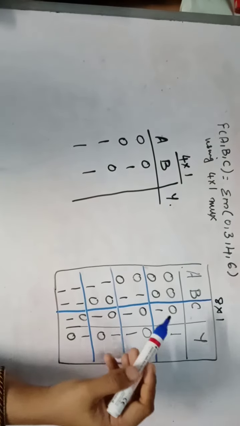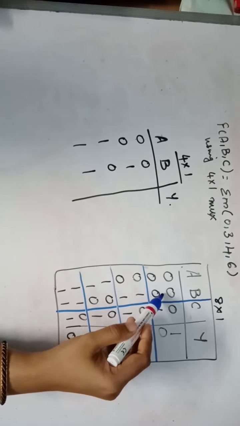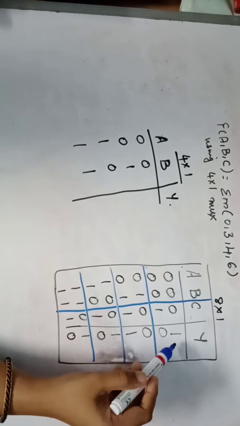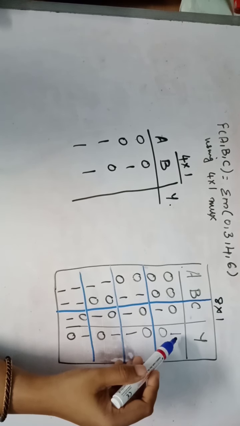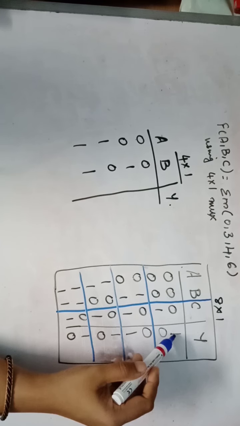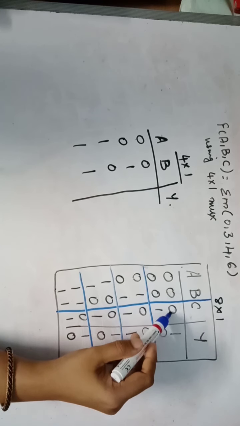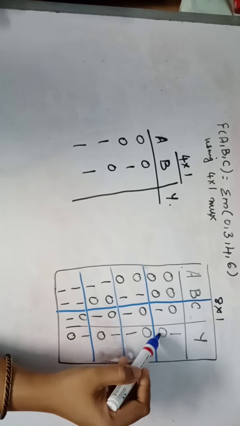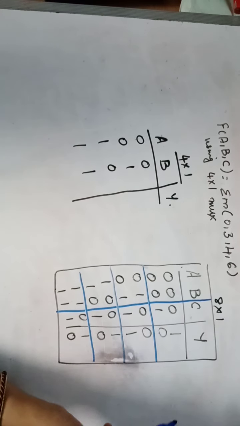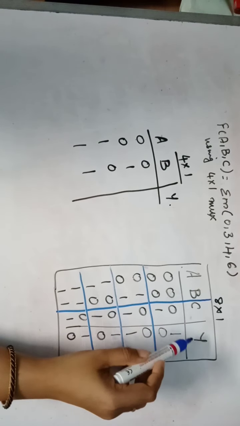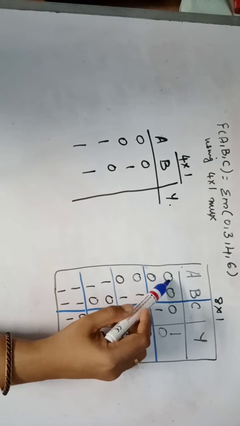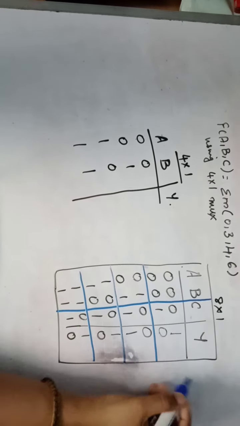When A is 0, B is 0, what is Y? Y is 1 when C is 0, and Y is 0 when C is 1. So how is Y related to C when A0, B0?